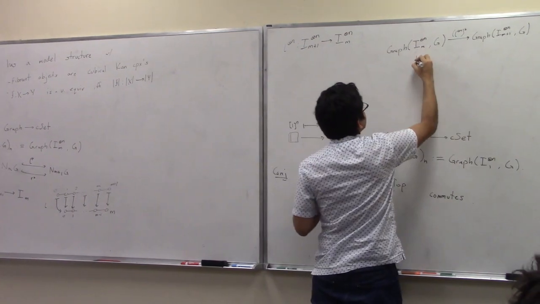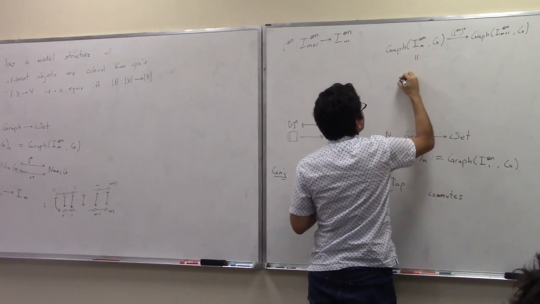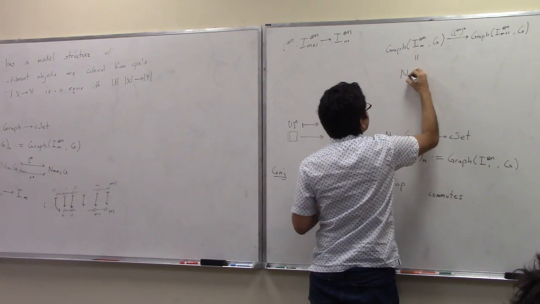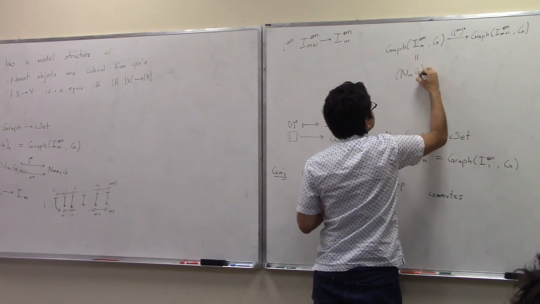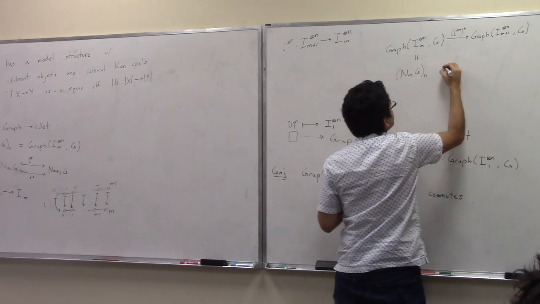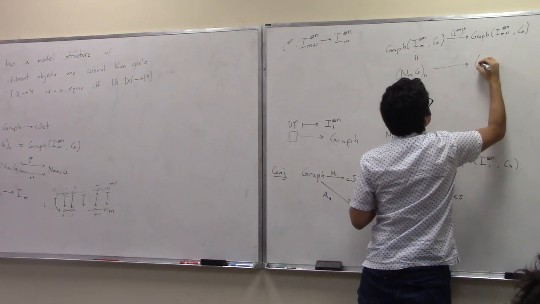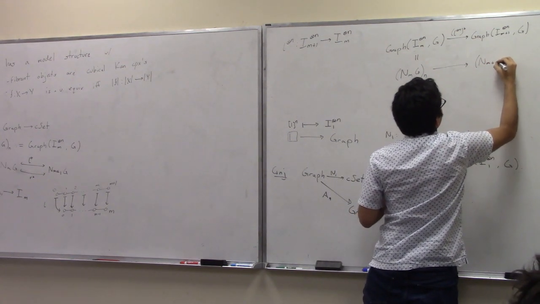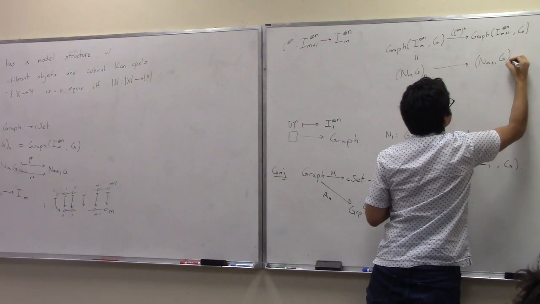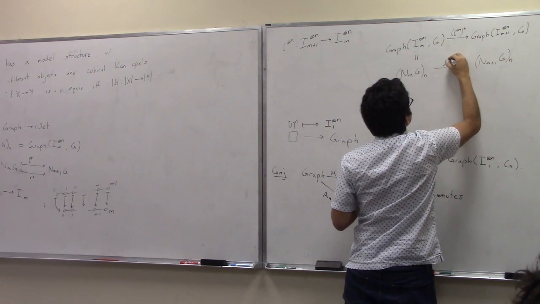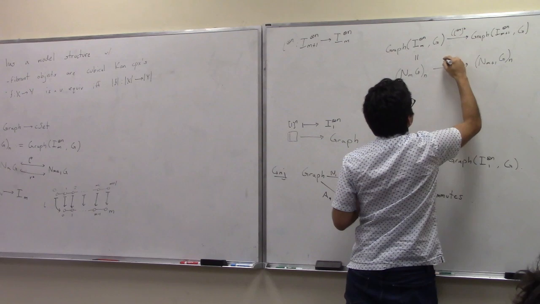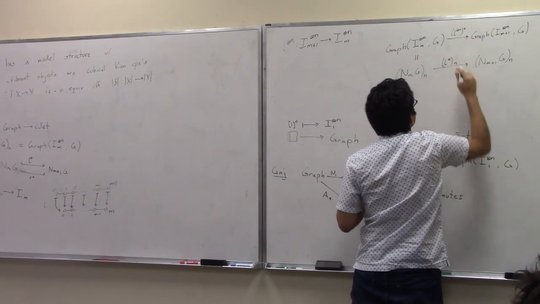And this is exactly how I'm defining this map L upper star. This set is exactly the set of n cubes of the m nerve of G. This is the set of n cubes of the m plus 1 nerve of G. And this is the definition of L upper star at level n.